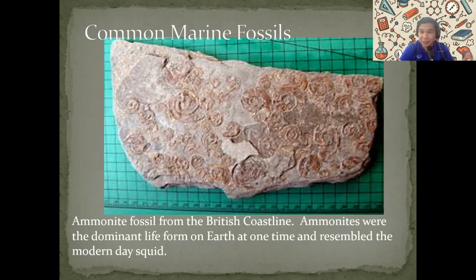Because squids and jellyfish don't really have any diseases. So they don't get sick. They also don't grow old like us humans. So they can live for a very, very long time. And these are like the ancestors of the modern day squid, the ammonite fossils.